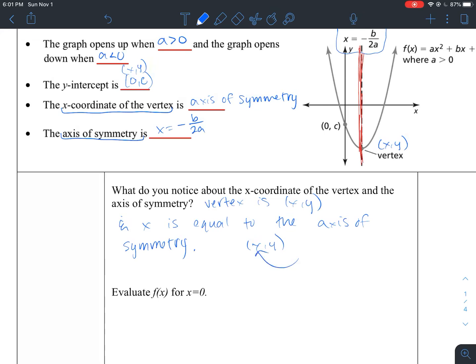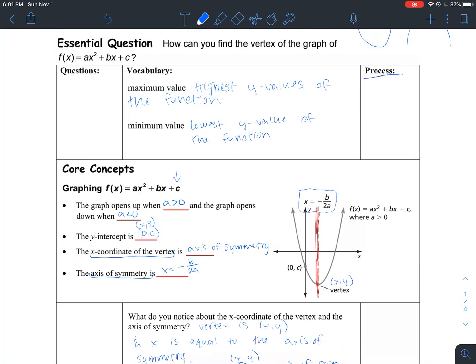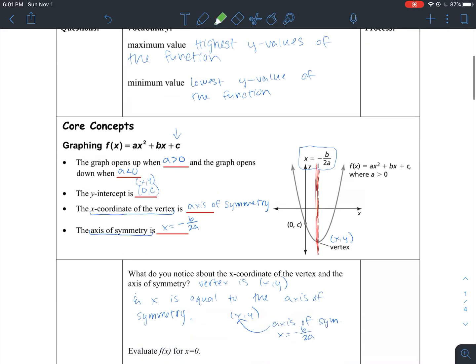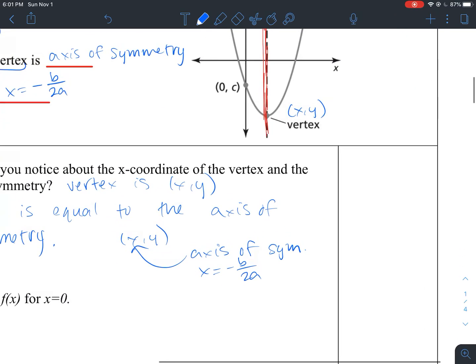This value right here, axis of symmetry, which is x is equal to negative b over 2a. I guess you can write that in this column over here, the process: if you want to find the axis of symmetry or the x vertex, you can just say axis of symmetry, x is equal to negative b over 2a.